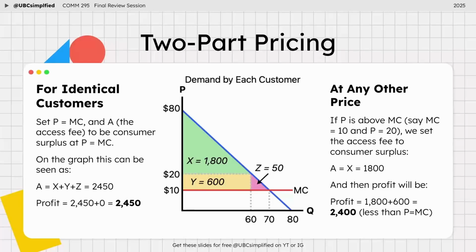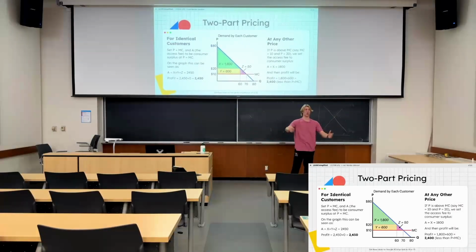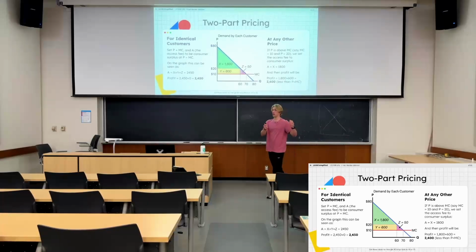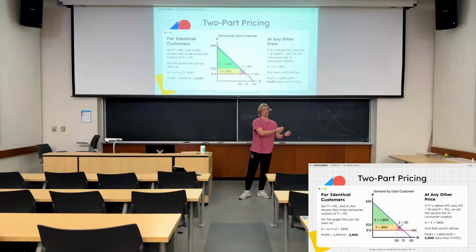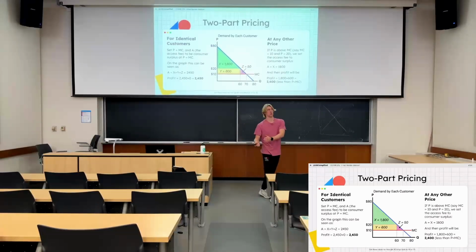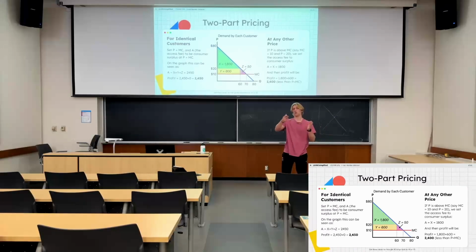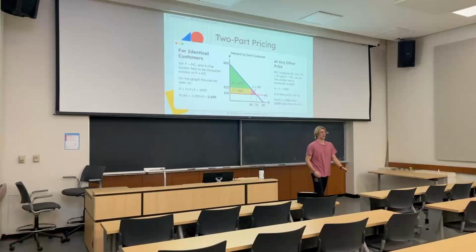You calculate what the consumer surplus at that quantity would be, and then you're essentially going to set your access price equal to that and take all of that consumer surplus. So whatever they would have gained from being along that demand curve, you set the access price to that, and then you set the per unit price equal to the marginal cost. So find out where quantity is for perfect competition, find out what that consumer surplus is, and then set your access fee equal to that.